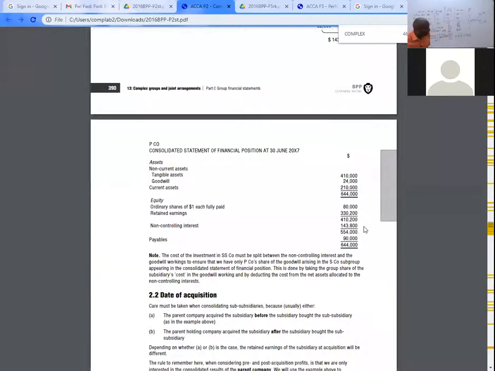Non-controlling interest, we have 143.8. That is the figure we got. I hope everything is balancing. Is there somebody who has been able to reach there?